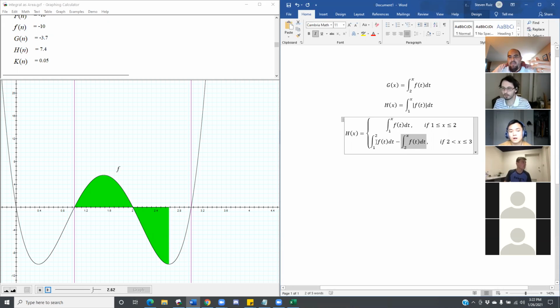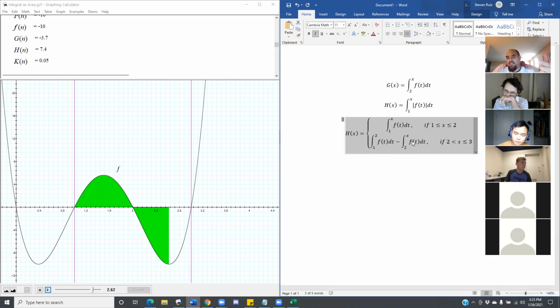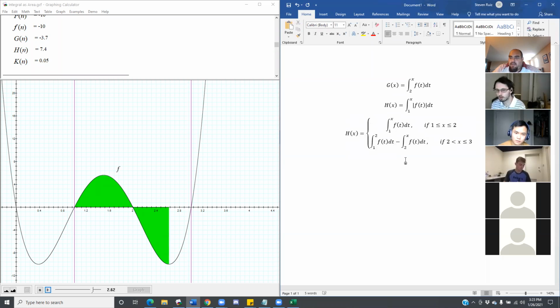That will make sure this piecewise function h is always positive, and as x increases, h also increases. Does that make sense? Any more questions before we move on to something else?